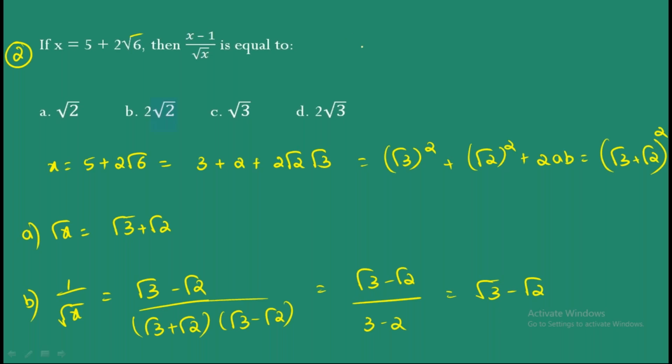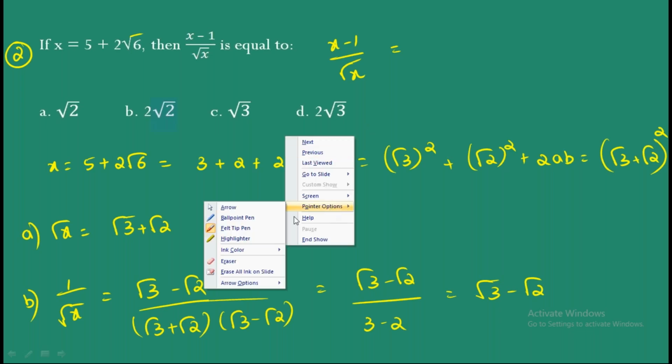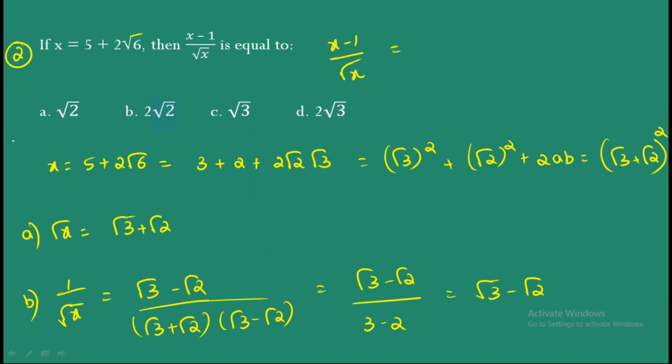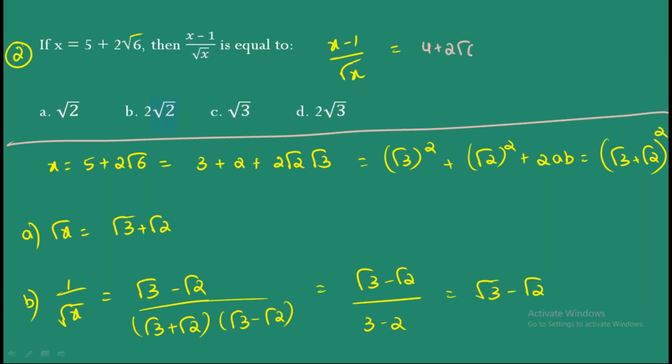But what we have to find is x minus 1 by root x. Now if you check the calculations, you already know this root x value and 1 by root x is already found. Root x is root 3 plus root 2, and 1 by root x is root 3 minus root 2.